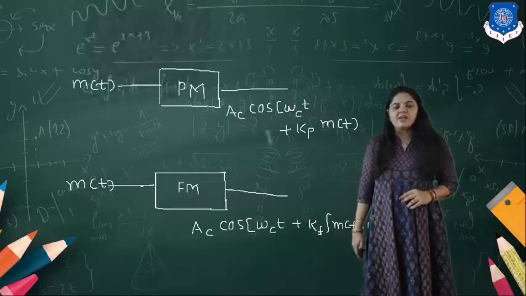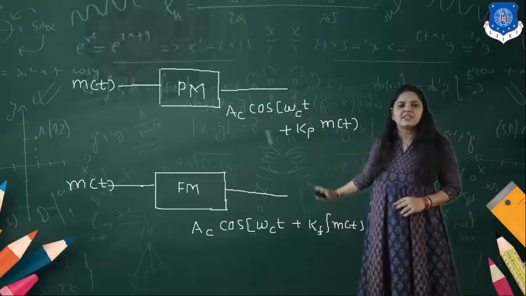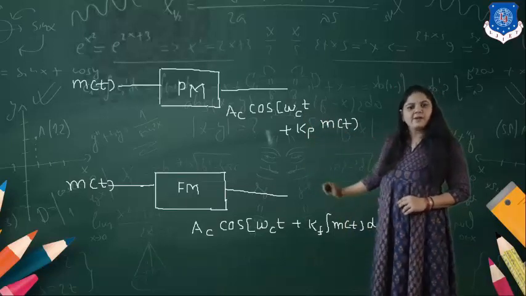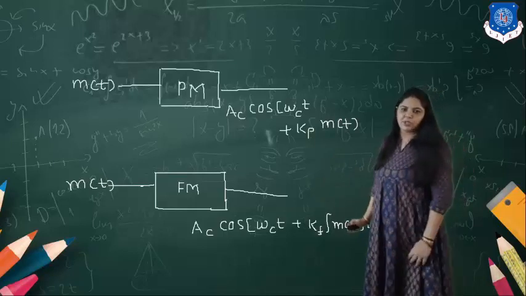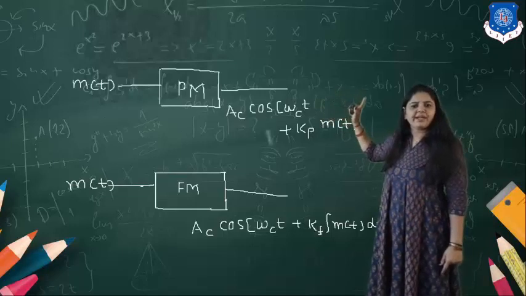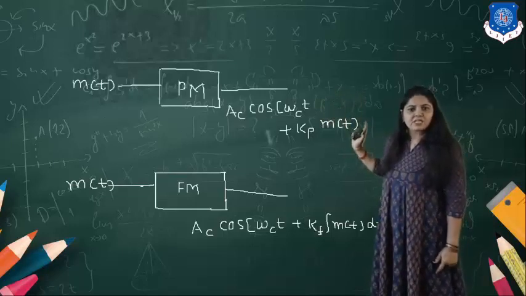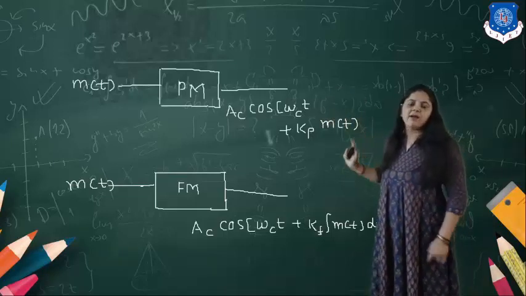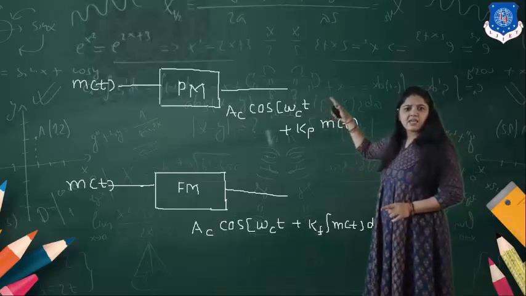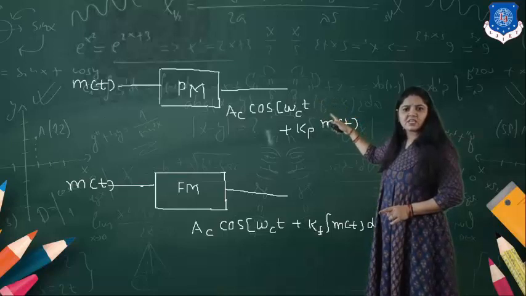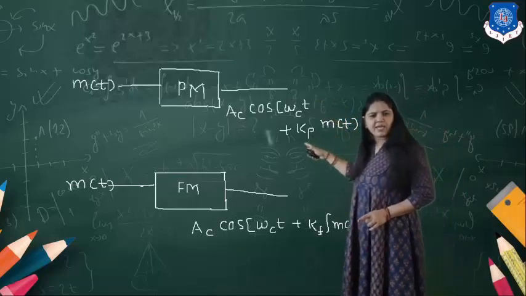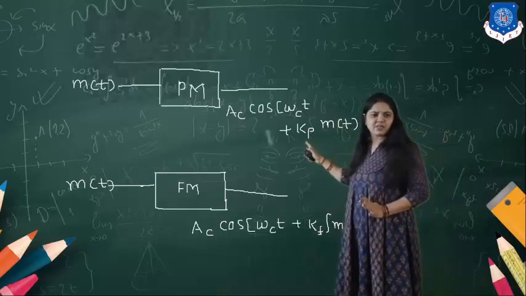So here you can see the diagram for the phase modulator and the frequency modulator. Here my modulating signal m(t) is applied to the phase modulator. The output of the phase modulator is Ac cos(ωct + kp m(t)), where kp is the phase sensitivity.